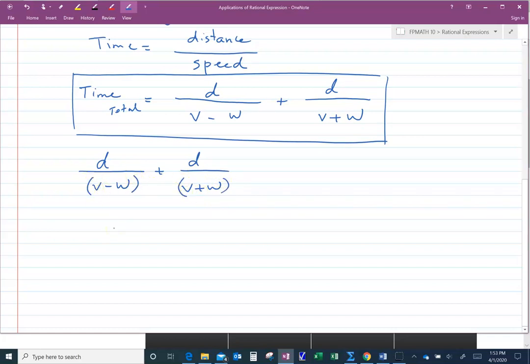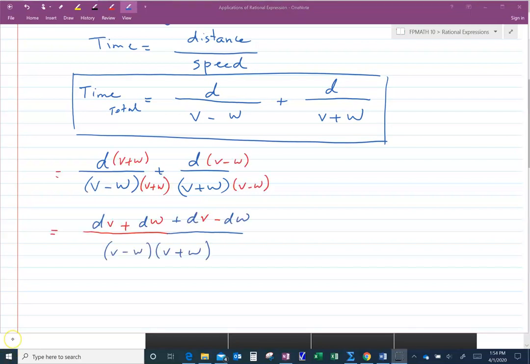Now you have to add them. So find the lowest common denominator, and do everything you have to do to add the two rational expressions. So go ahead, do that. Here the LCD is (v minus w)(v plus w).